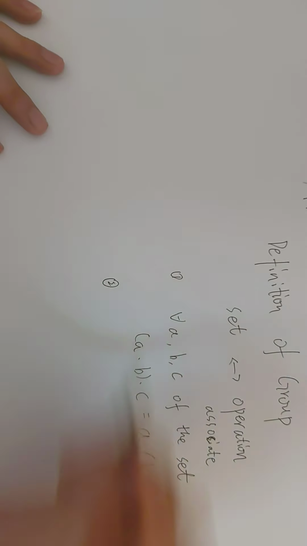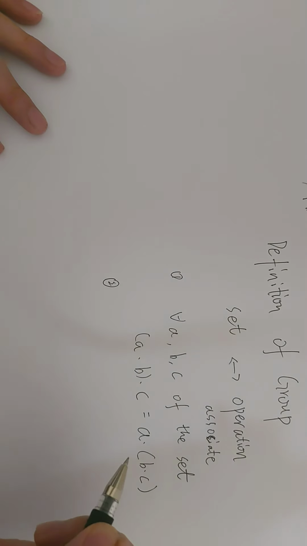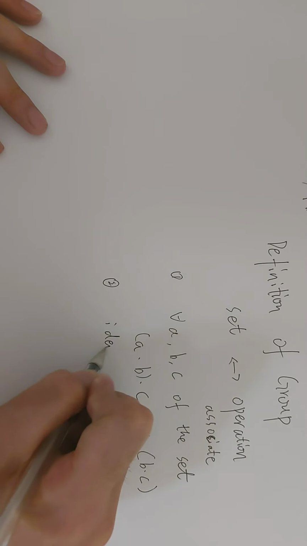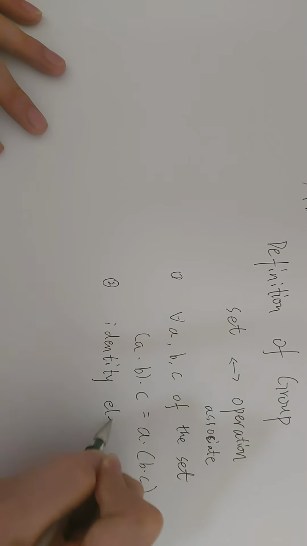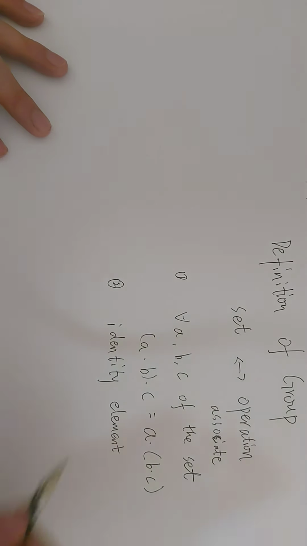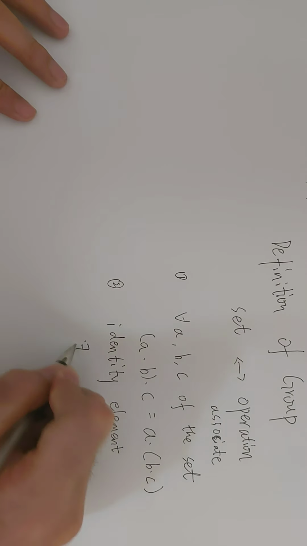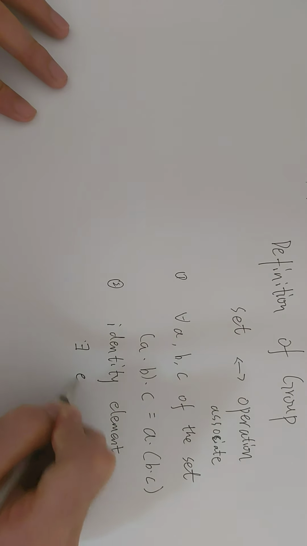The second rule is that the set contains a special element, which we call the identity element. Operating any other element with it gives back the other element, which means the identity element changes nothing.